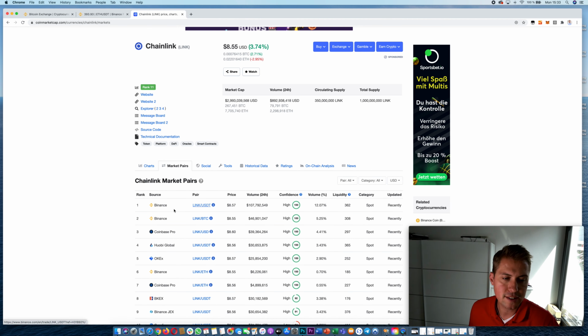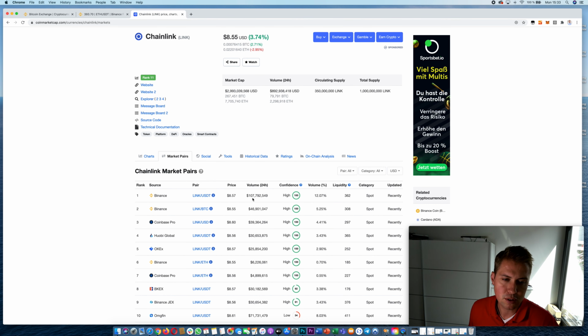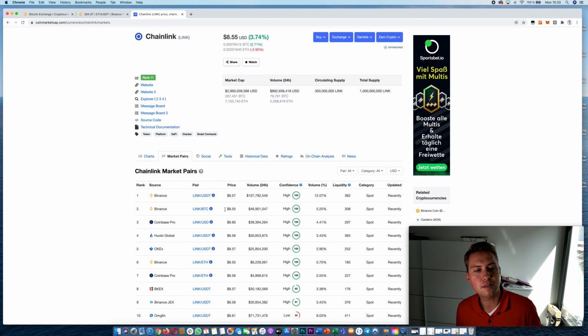For Link, the most popular exchange to trade it on is Binance, so it has the highest liquidity. For example, in the last 24 hours, Link worth more than 700 million was traded on Binance just against USDT alone, and then another 46 million against BTC.